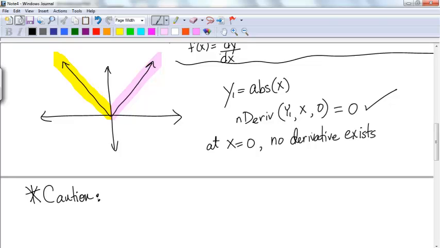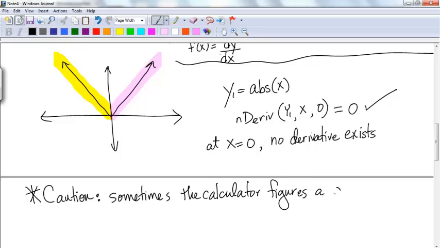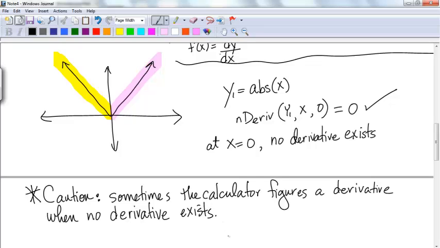Sometimes the calculator figures a derivative when no derivative exists. And you have to know when it's giving you an error.